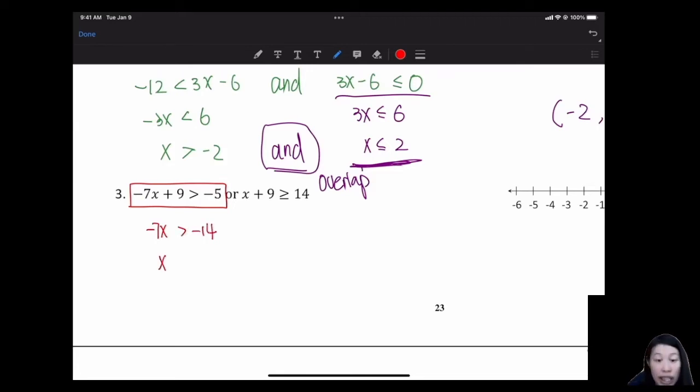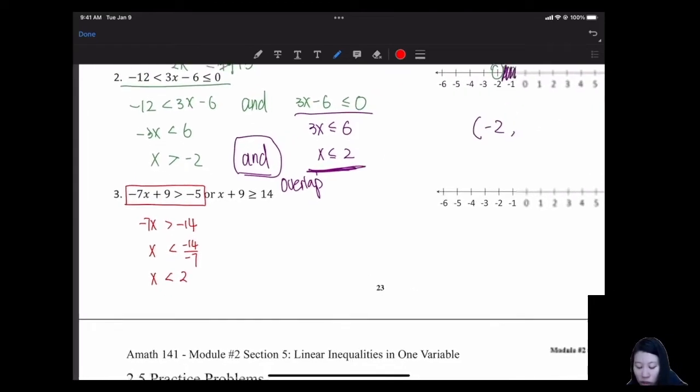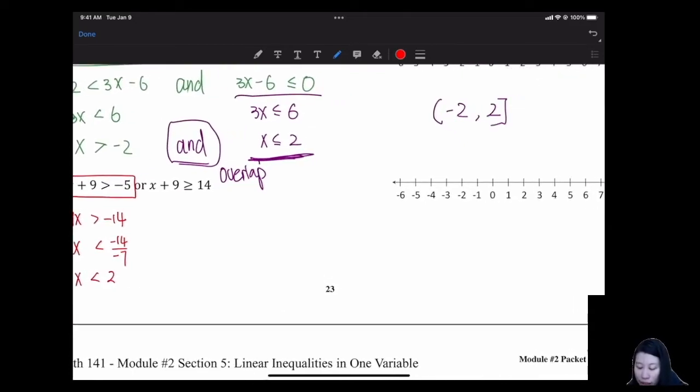And then divide by negative 7, you need to switch the sign. So negative 14 divided by negative 7 means x is less than 2. Draw that on the graph: x less than 2, not including 2, less than 2 in here.